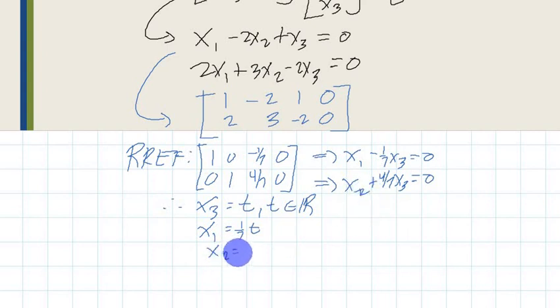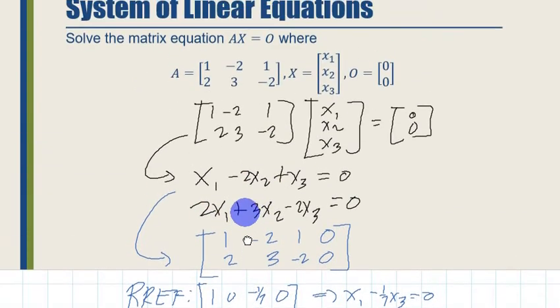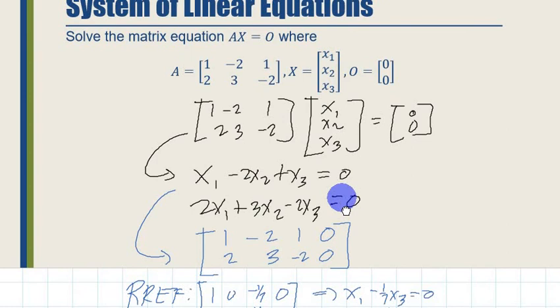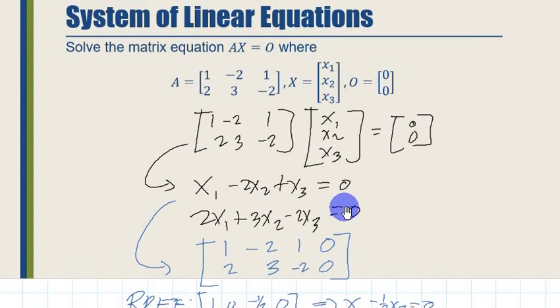So x sub 2 will be equal to negative 4/7 t. So this should also be negative. That's why x sub 2 will be negative 4/7 t. So this is one application of matrix multiplication. We're going to multiply these to create a system and solve the system of linear equations.